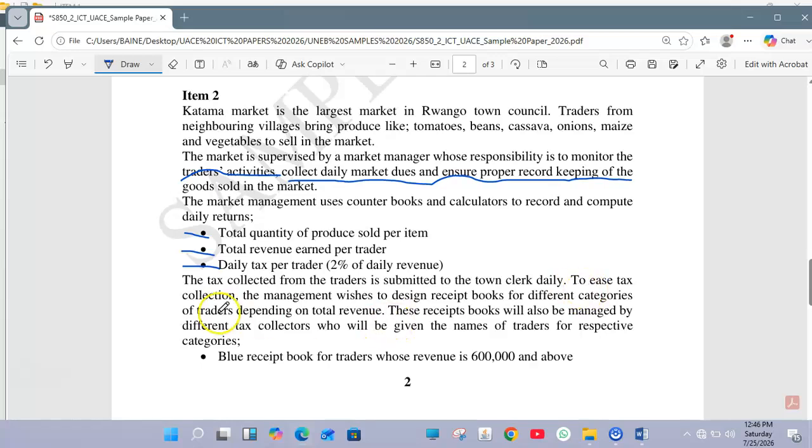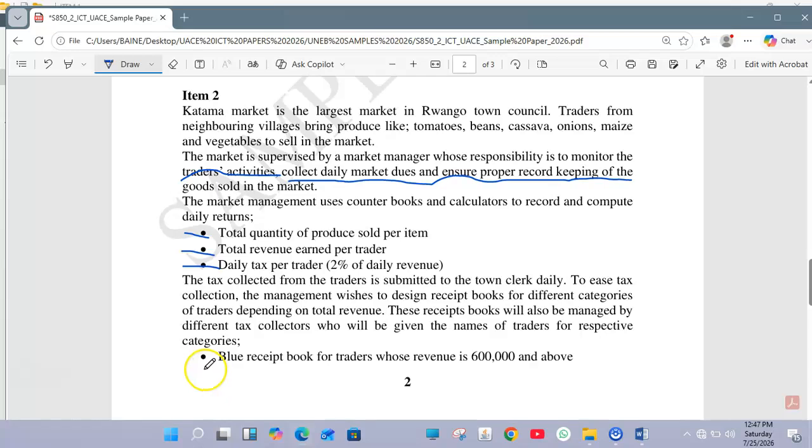To ease the tax collection, the management uses designed receipt books for different categories depending on total revenue. The receipt books will be managed by the different tax collectors, who will be given names of traders irrespective of their categories.